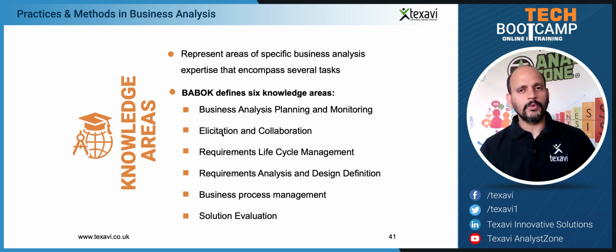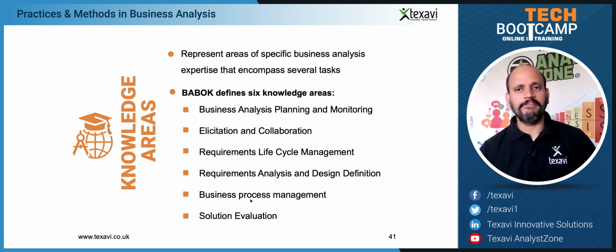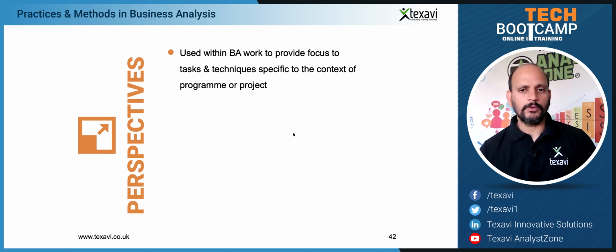If you're conducting a workshop, that again goes in elicitation and collaboration. If you are working on a business activity model, BAM, that could be a business process management activity. If you are comparing and contrasting different solutions across different technologies, that is solution evaluation. So whatever you do as a BA could potentially fall into one or another of these 6 knowledge areas. It's important that you know that.